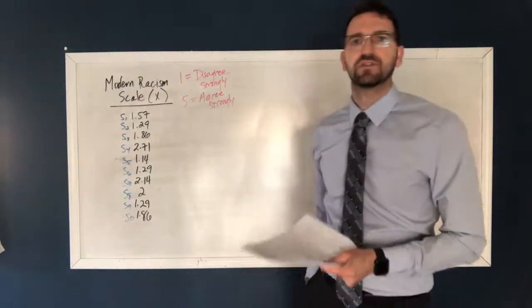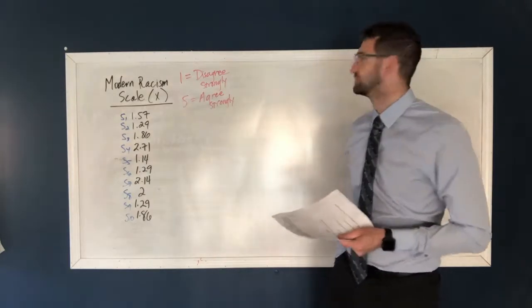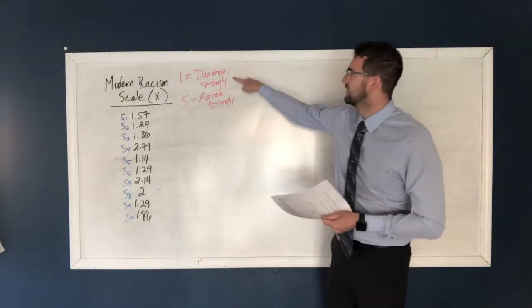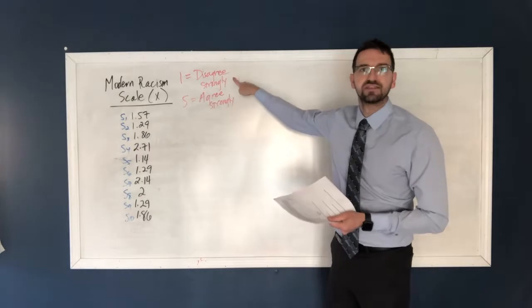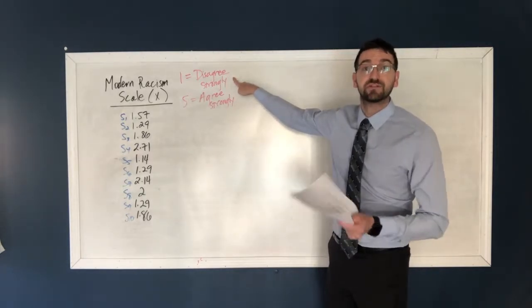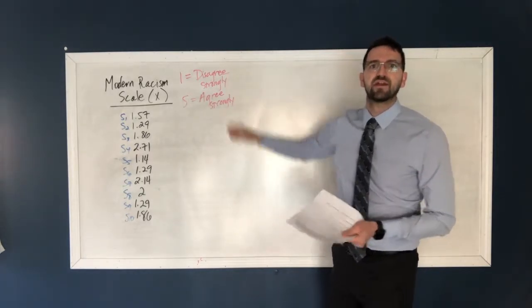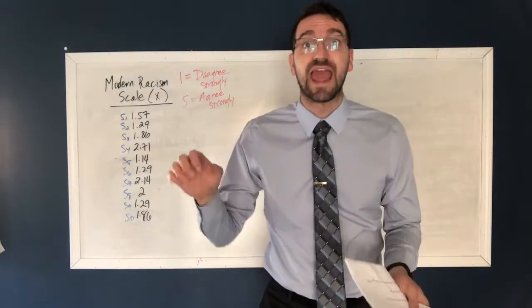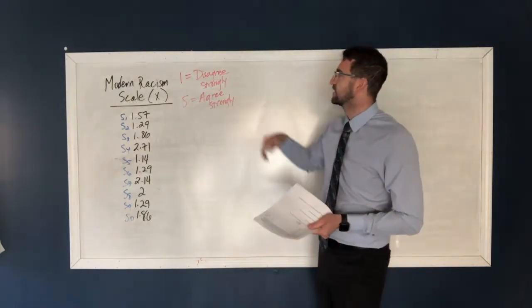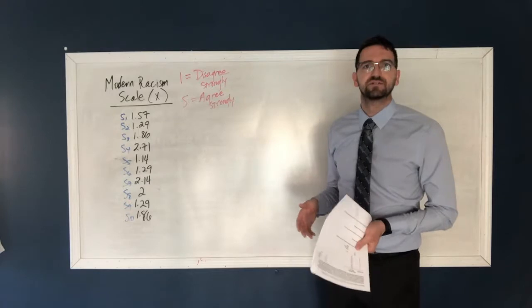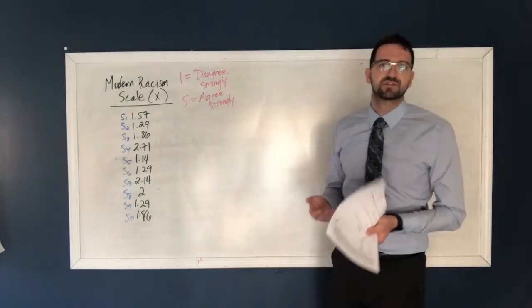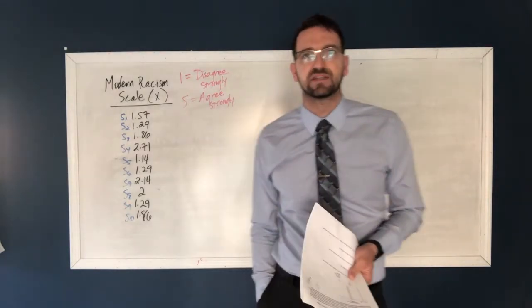Okay, so those are three items on the scale. People could either disagree strongly with those items, and therefore score lower in explicit prejudice, or they could agree strongly with those items, and therefore score higher in explicit prejudice.